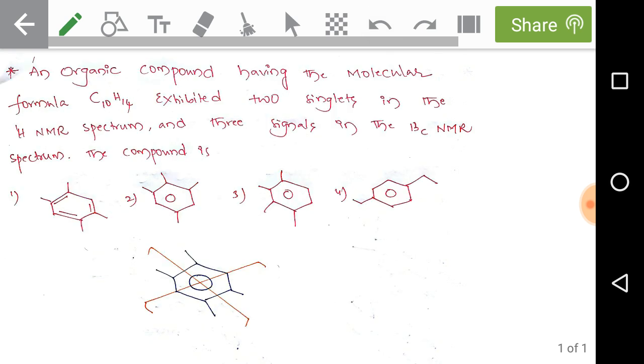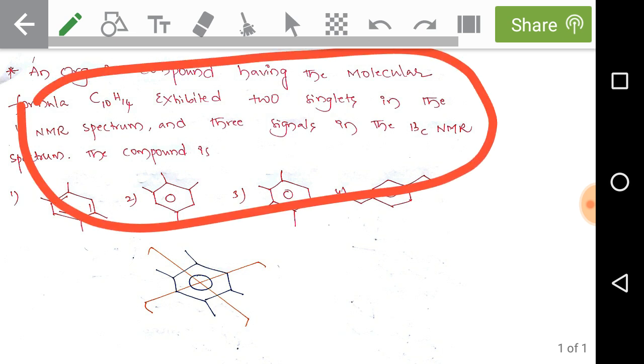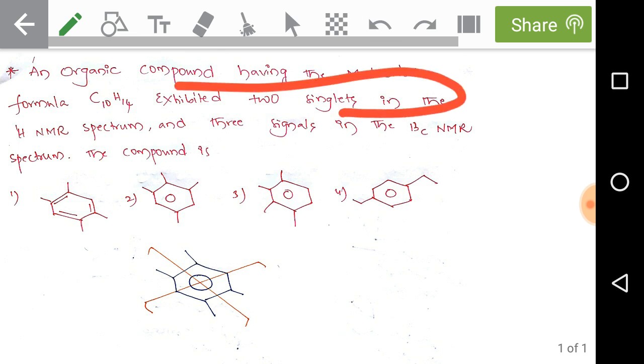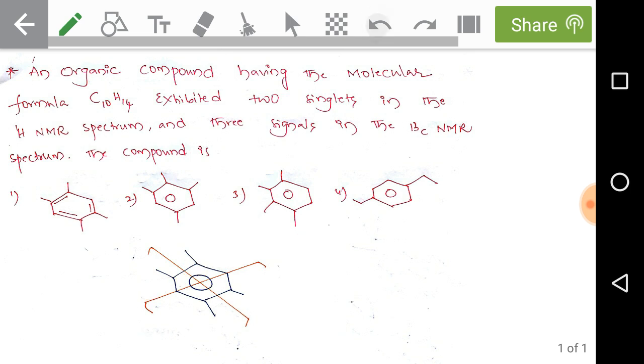And next one, an organic compound having the molecular formula C10H14 exhibited two singlets in the H-NMR spectrum and three signals in the C13 NMR spectrum. The compound is. So the first one is the correct answer, because first we need to check for the equivalent carbons and equivalent hydrogens in the given compound to find the number of signals for the H-NMR and C13 NMR spectra.